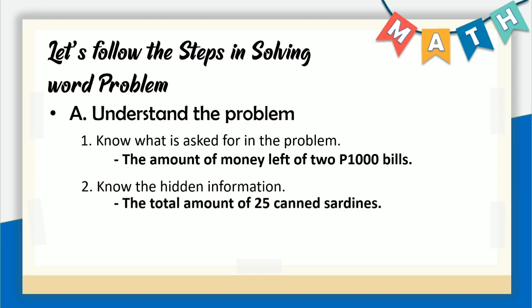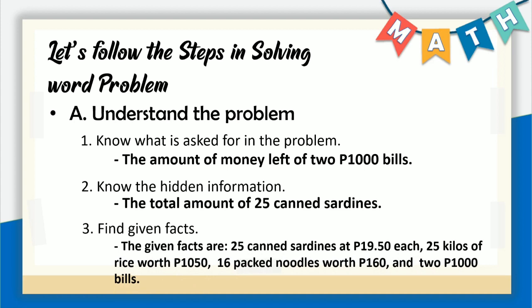The total amount of 25 canned sardines is not yet computed, so it is the hidden information. Number 3, give the given facts. The given facts are 25 canned sardines at 19 pesos and 50 cents each, 25 kilos of rice worth 1,050 pesos, 16-pack noodles worth 160 pesos, and 2 1,000 peso bills.